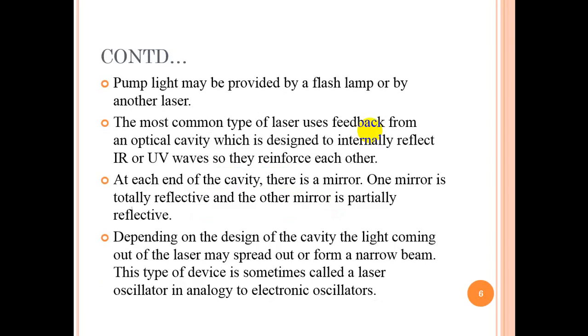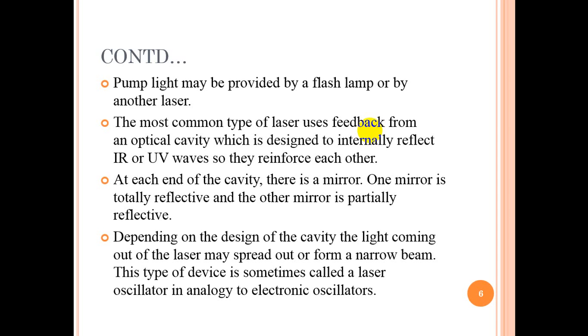The most common type of laser uses feedback from an optical cavity which is designed to internally reflect IR or UV waves so they reinforce each other. There are two types of mirrors. One is partially reflective and other is totally reflective.